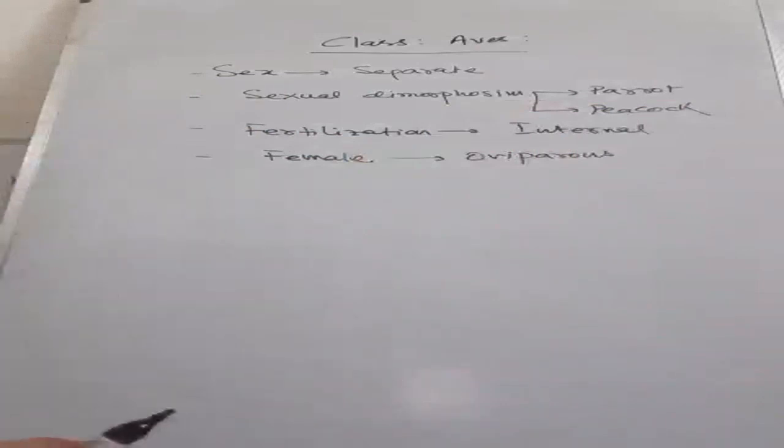You will be asked how many ovaries are present in birds. There is only one ovary, and it is present on the left side of the female reproductive system.